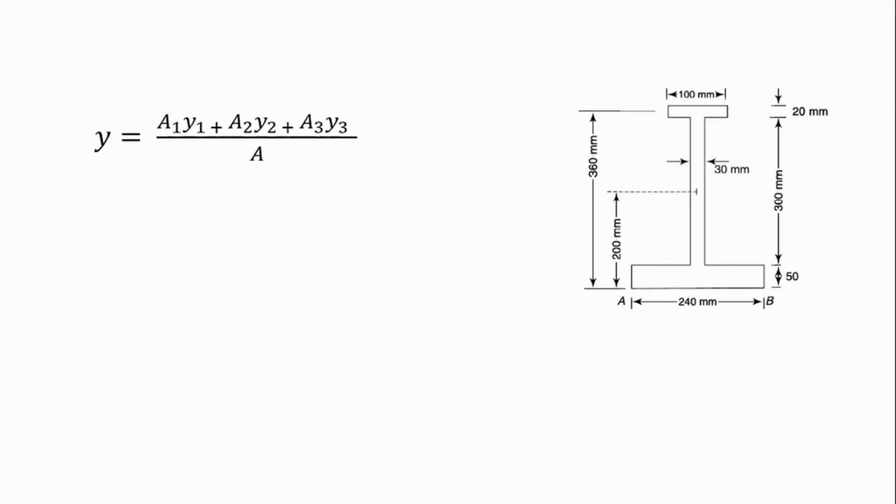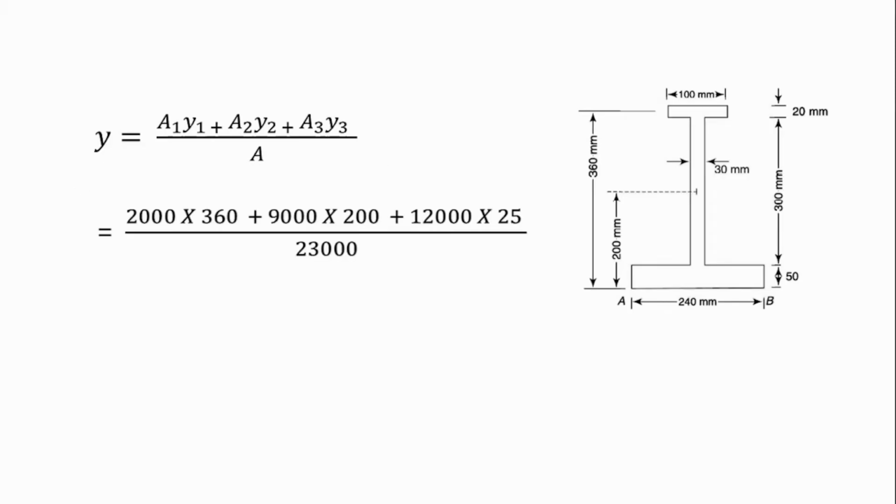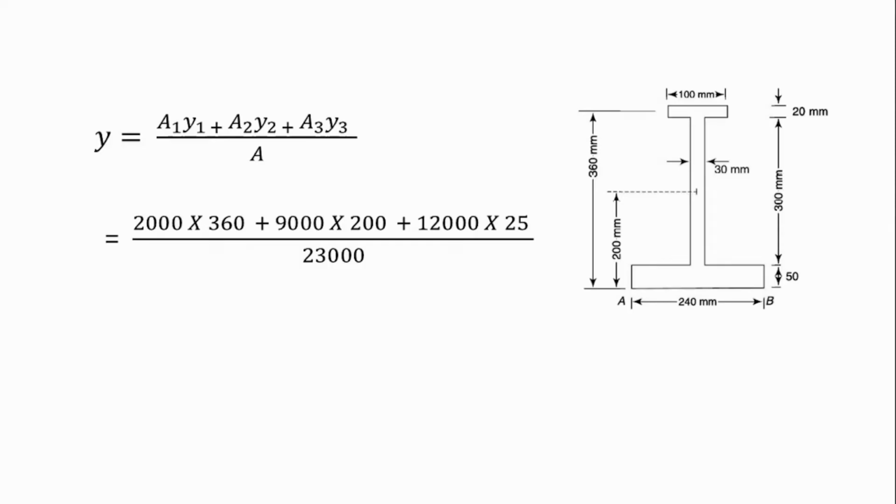So you can see now that we are putting in our values. A1 we have determined as 2000 and Y1 is 360, like I just said. A2 we got as 9,000, Y2 as 200, A3 12,000, and Y3 25.